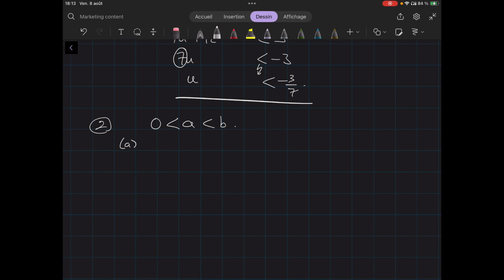Part A. The inequality sign does not change if we multiply everything by a positive constant. If we add the same quantity to both sides, the inequality sign does not change.